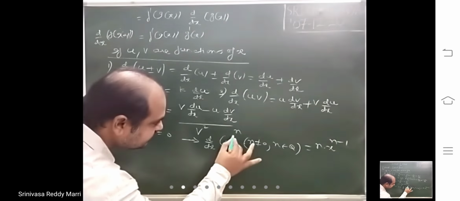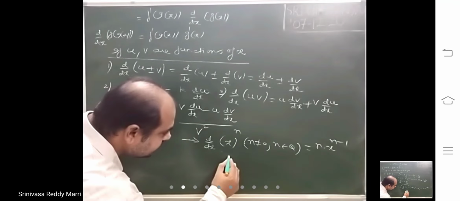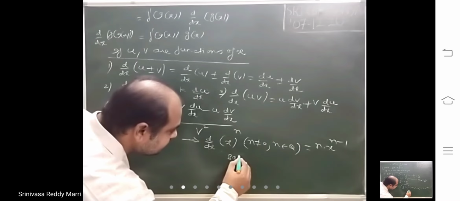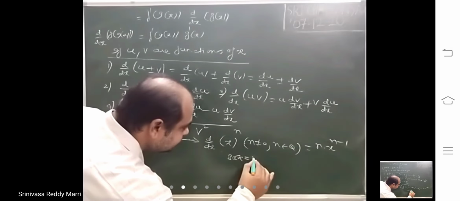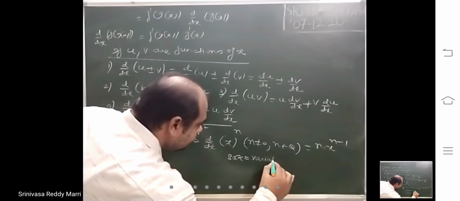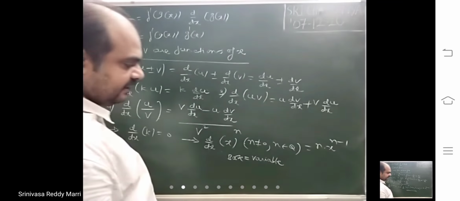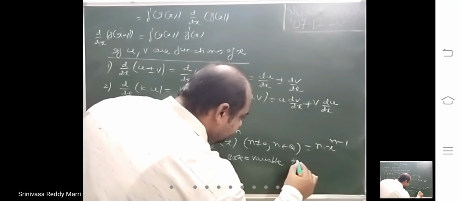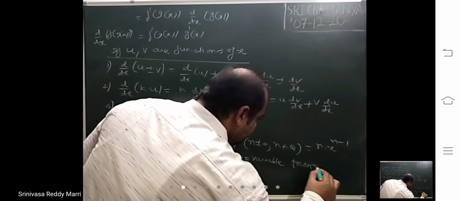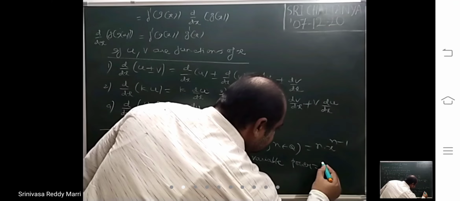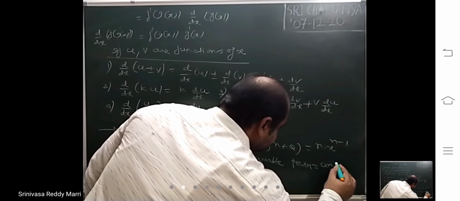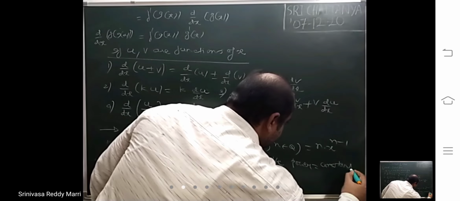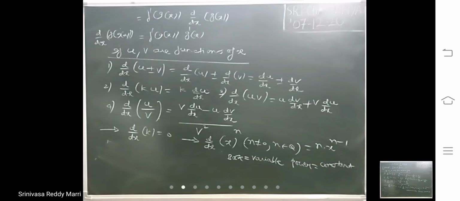This is the base, this is the power. So the base is a variable and the power is a number, a constant. Only then you have to apply this x power n rule.